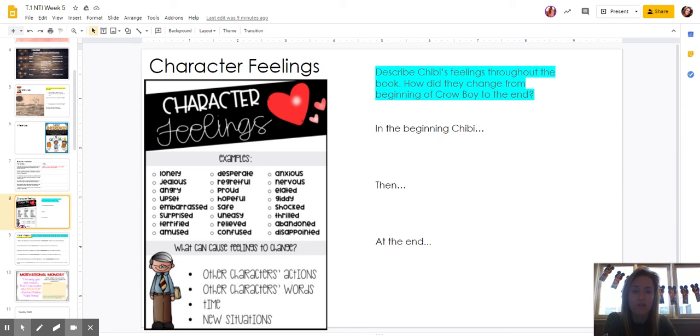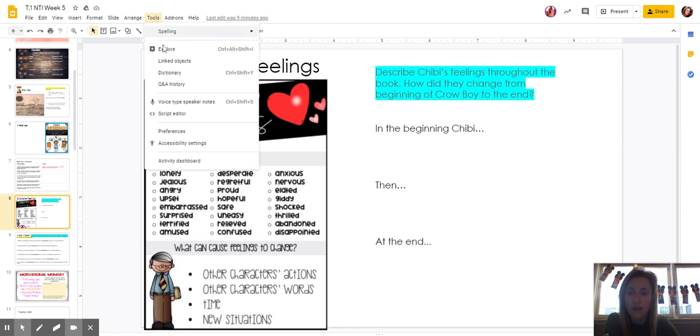So think about the beginning, middle, and end of the story and try to empathize with Chibi. Try to understand what he was feeling in those parts of the story and use some of this new vocabulary to describe it. If there's a word you do not know, then go to tools and dictionary, type in that word, and it'll give you a definition.